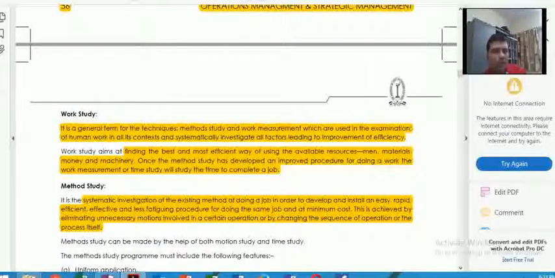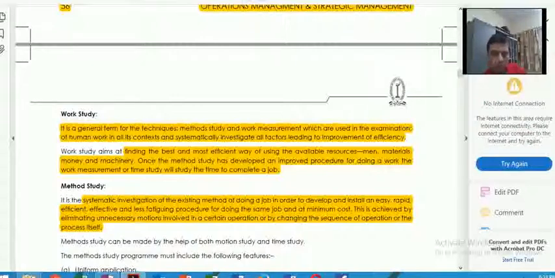What are the different resources? We have seen this already: man, material, machine and money. Usage of all these resources to the best possible extent is nothing but the work study. So this is the meaning of work study.